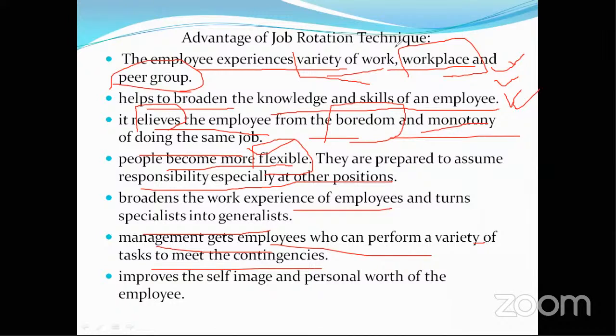Like that, the school management gets employees who can perform a variety of tasks to meet the contingencies. It improves the self-image and personal worth of the employee. See, as you are aware, when a person can perform many tasks, it will improve his image and personal worth. So these are the advantages of the job rotation technique.